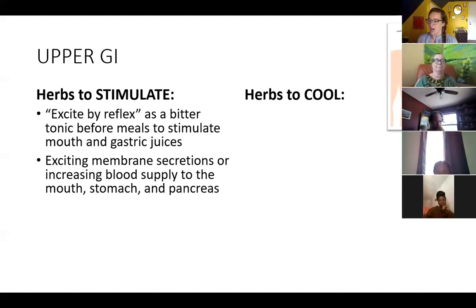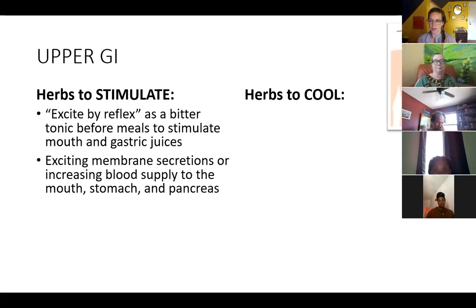So that's exciting. Also exciting membrane secretions or increasing blood supply to the mouth, stomach, and pancreas. And like I said before, and I'll say it again, more blood, more life force. When you are sending more blood to a certain area of your body, you're sending everything your body needs, because it all moves around via blood and other fluids.